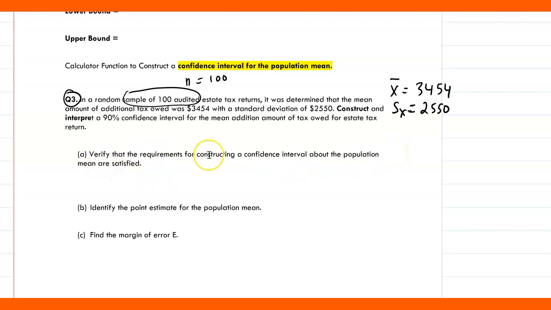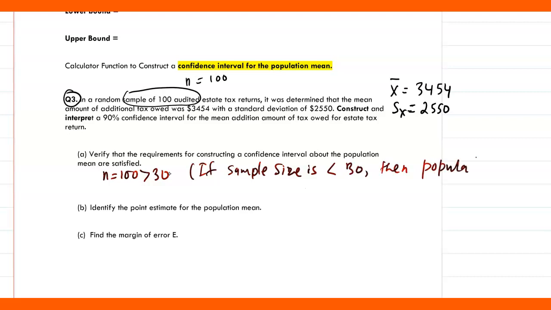Here the requirement is the sample size. If sample size n equals 100, which is greater than 30, as long as the sample size is greater than 30, the requirement is satisfied. If the sample size is less than 30, then the population must be normal.